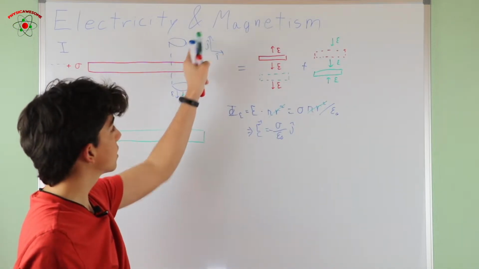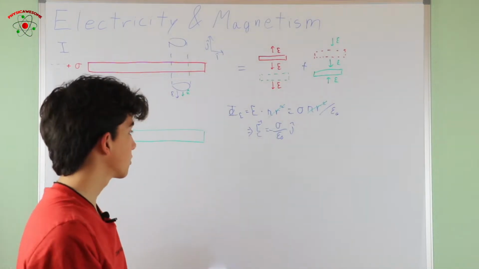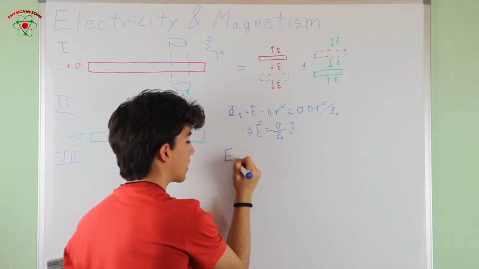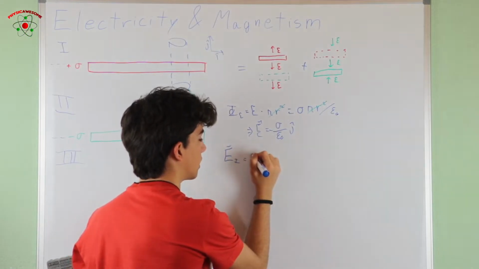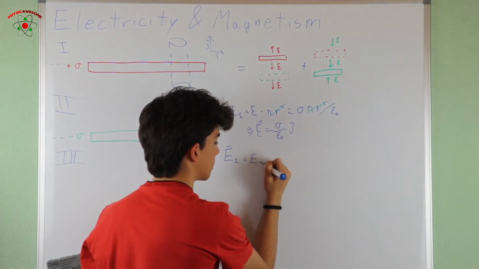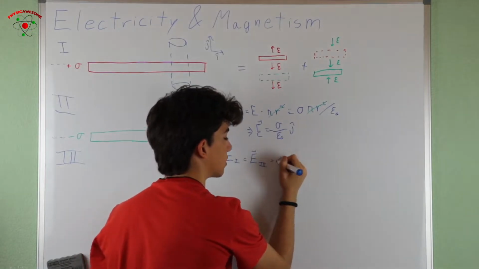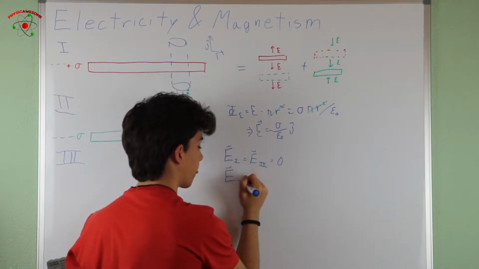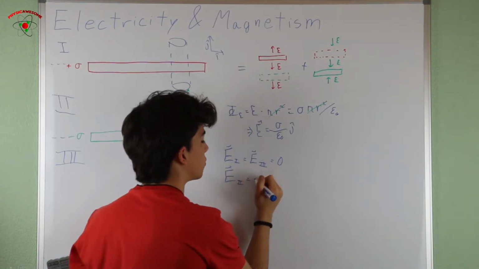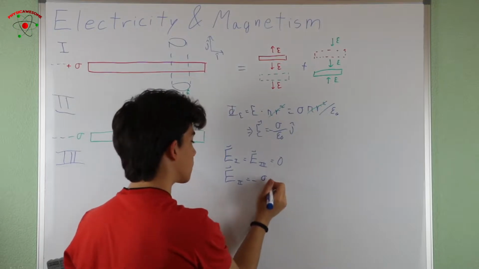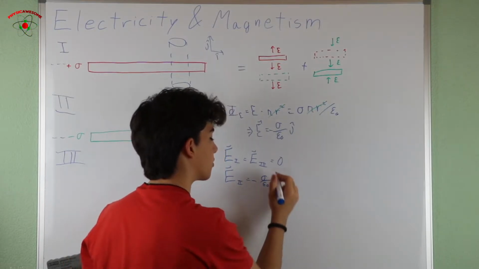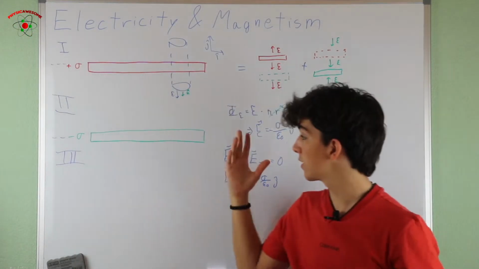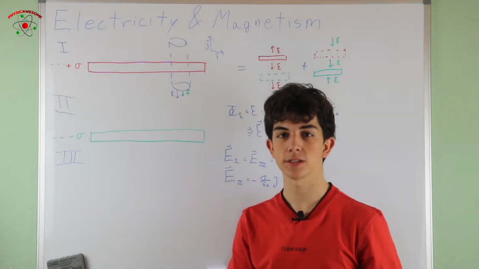And we also see that the electric field cancels over here. So in general, E1 is going to be equal to E3, which is 0, and the electric field in region 2 is going to be equal to minus the surface charge density over epsilon naught in the j hat direction. That is the electric field from two thin sheets.